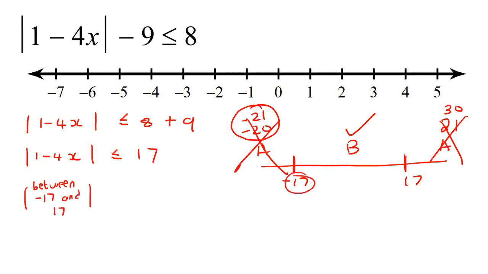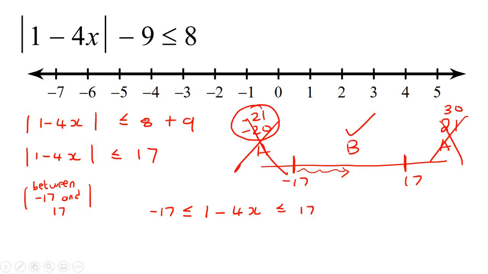Because it's from minus 17 up to 17. So the way that we write this one, we don't use the or. What we do is we say 1 minus 4x, which is this part here, can be any number between minus 17 and 17. So you say bigger than minus 17, but at the same time smaller than positive 17. Okay, so that's how you write that one.